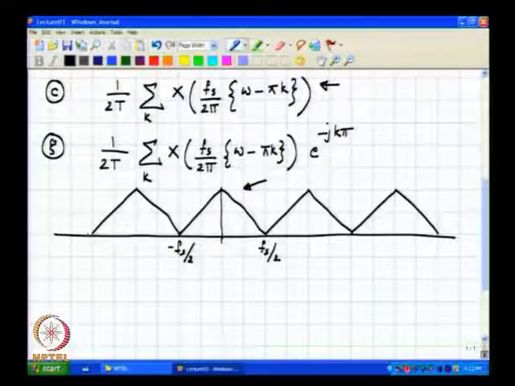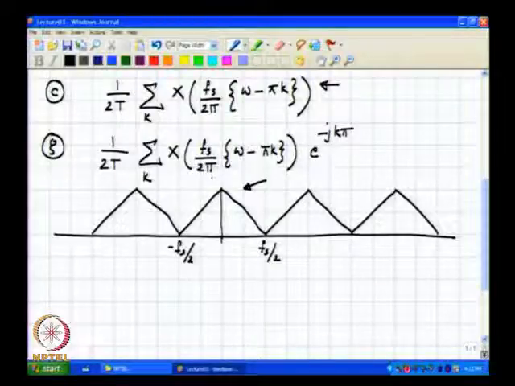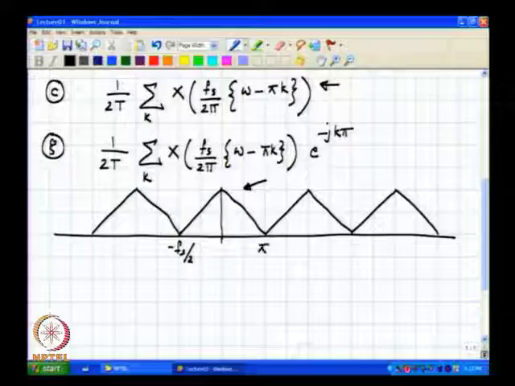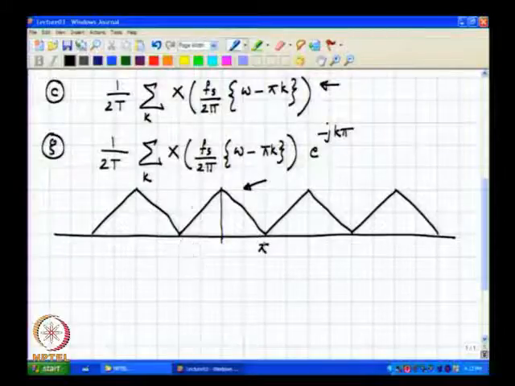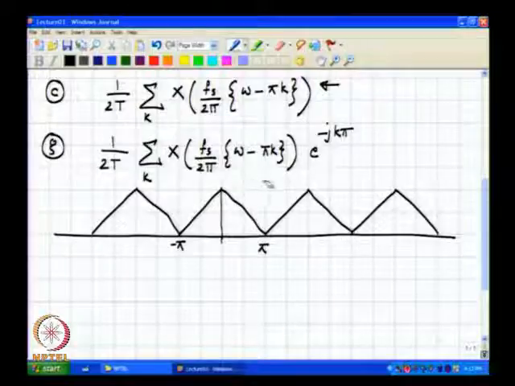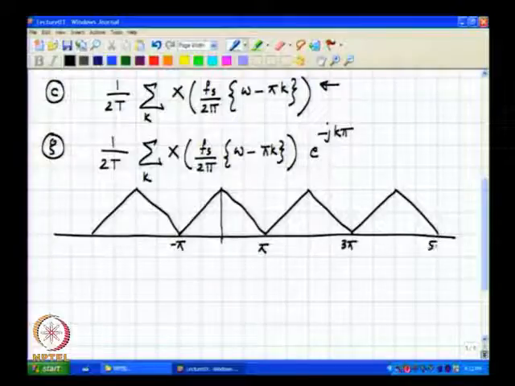Then we scale the x axis, we multiply by 1 over T. So what does Fs by 2 become? Fs by 2 becomes pi, this becomes minus pi, and this becomes 3 pi, 5 pi and so on.